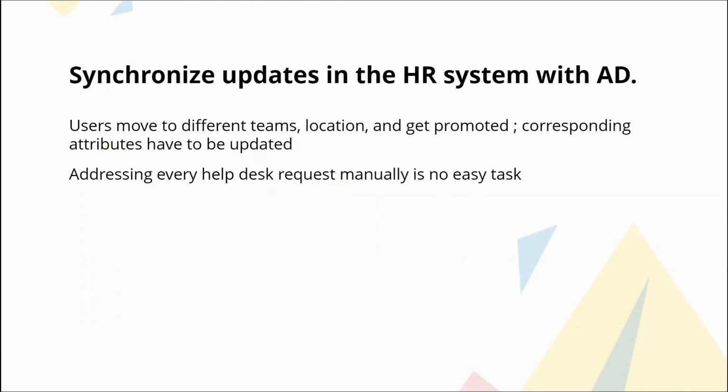These changes in a typical employee's life in an organization mean that when there is a transfer or a promotion, the user's corresponding group memberships, access to file servers, or contact attributes like who they're reporting to, all those fields also have to be updated in Active Directory, right? So that it is aligned to their current role.